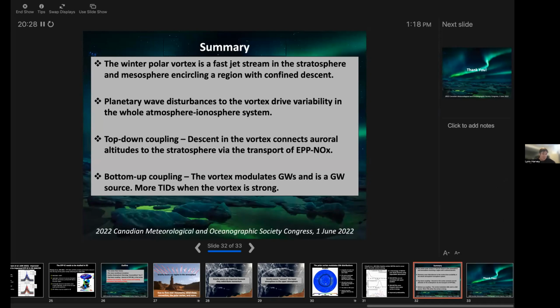I showed an example of top-down coupling where, via descent of EPP NOx, the vortex connects auroral altitudes to the stratosphere and affects ozone. And I showed an example of bottom-up coupling where the vortex modulates gravity waves, is a gravity wave source, and is related to traveling ionospheric disturbances. Thank you. I'll take whatever questions people have.